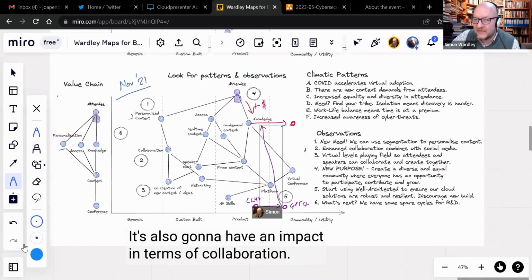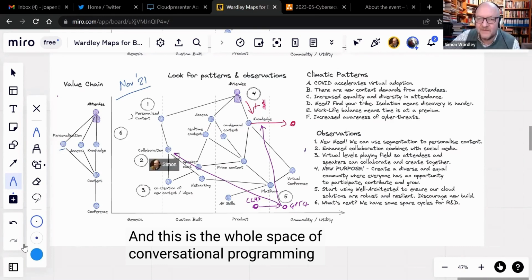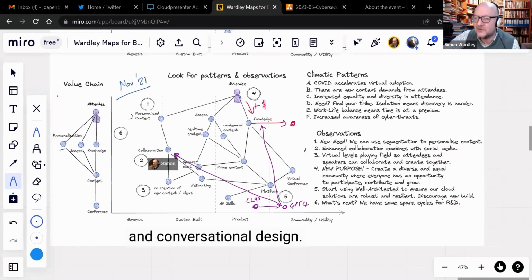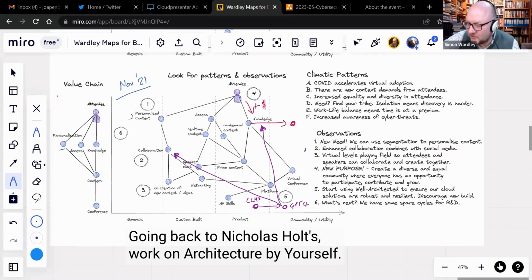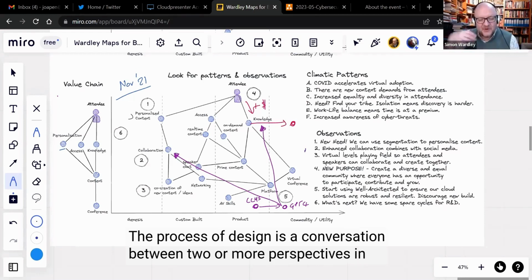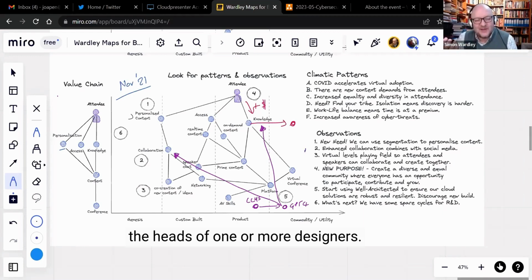It's also going to have an impact in terms of collaboration. And this is the whole space of conversational programming and conversational design, going back to Nicholas Negroponte's work on architecture by yourself. The process of design is a conversation between two or more perspectives in the heads of one or more designers.